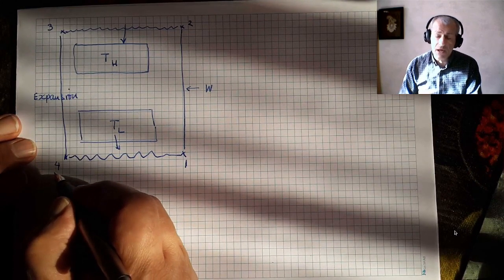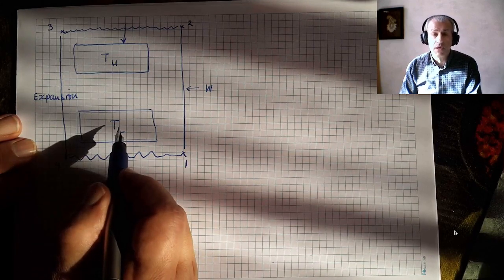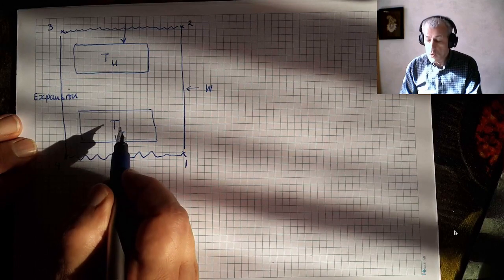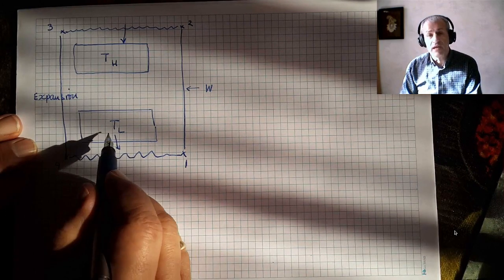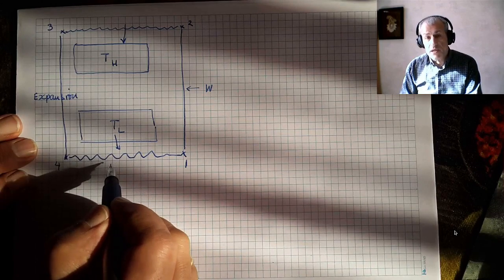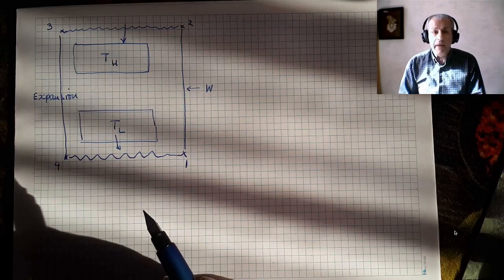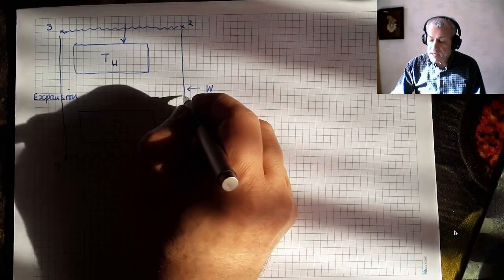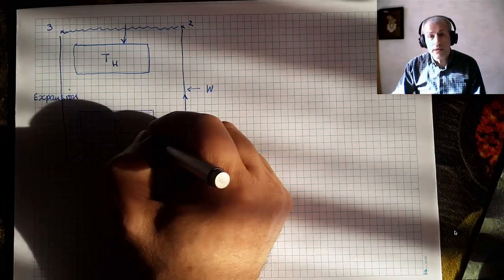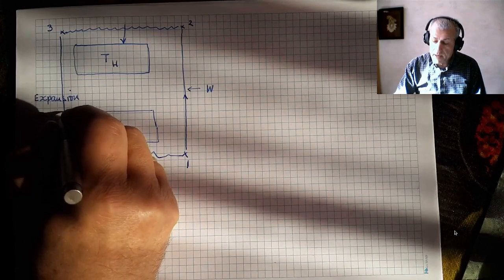And as I mentioned, it's a temperature lower than your low temperature reservoir. So the cycle would go on, heat would be transferred from the low temperature reservoir to the high temperature reservoir. Basically, this cycle facilitates the heat transfer from a cold temperature reservoir to a high temperature reservoir.